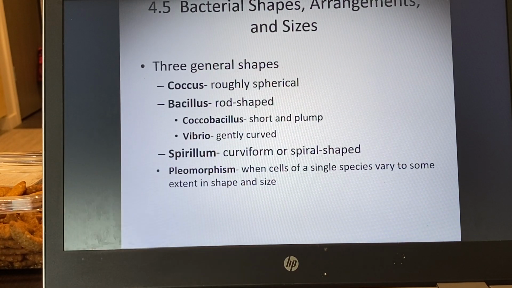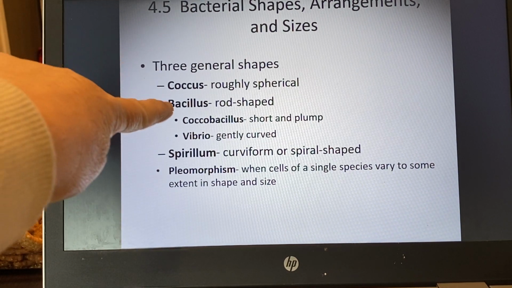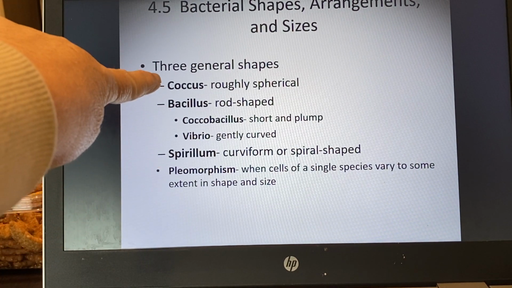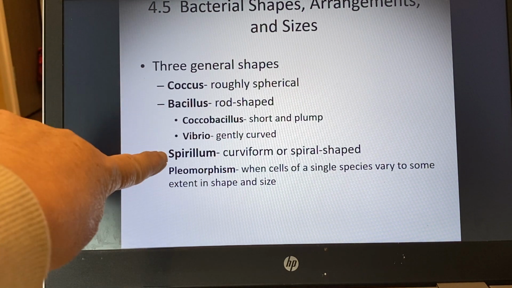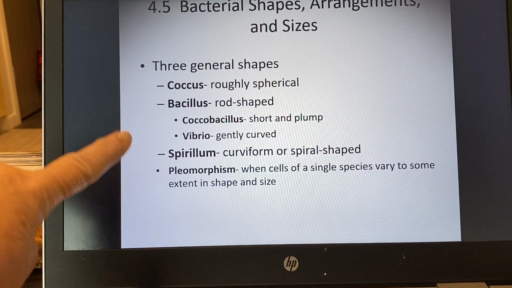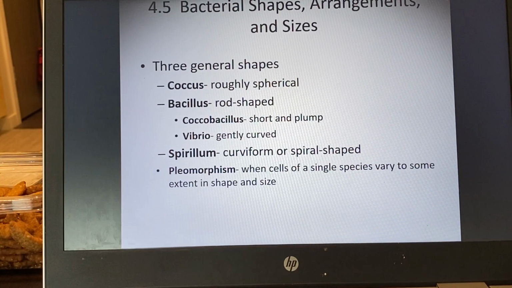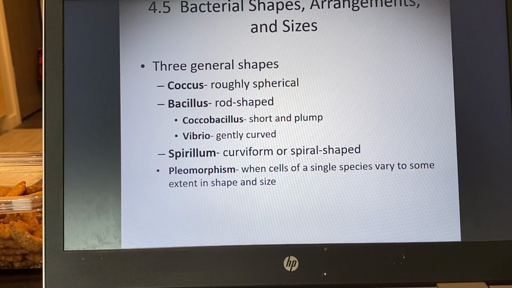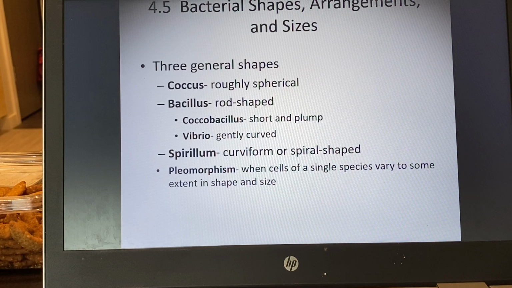Okay, so one more big thing that I want to cover in this chapter. First of all, here are our shapes, right? Three main shapes: round, rod-shaped, spiral. One thing I want to mention is pleomorphism. For some reason, there are a few species of bacteria, and thankfully not very many, that change shape as they age.